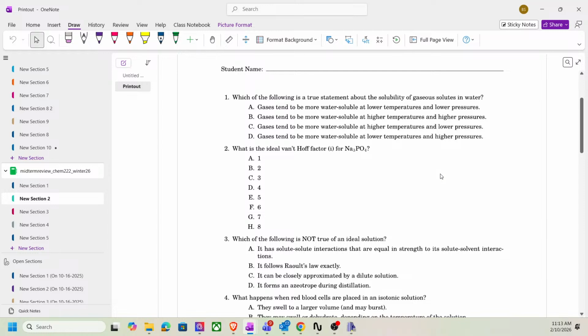All right, so let's start with number 1. Remember, this goes back to where I said this is basically the opposite of solids. So which one of our statements matches here? Any votes for A? No. B, C, D. So I see everybody likes D. Like we went over, they tend to be more water soluble at lower temperatures.